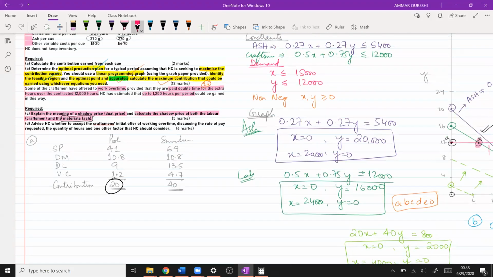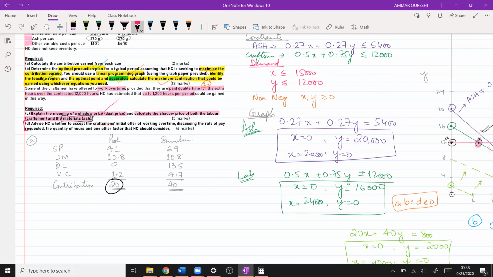The examiner asks you to calculate the shadow price. So you just need to give the definition of shadow price, and you have to state that there will be no shadow price for material because it's not scarce, and labor is the binding constraint. That's why we are calculating its shadow price. Now this D part is also very interesting.